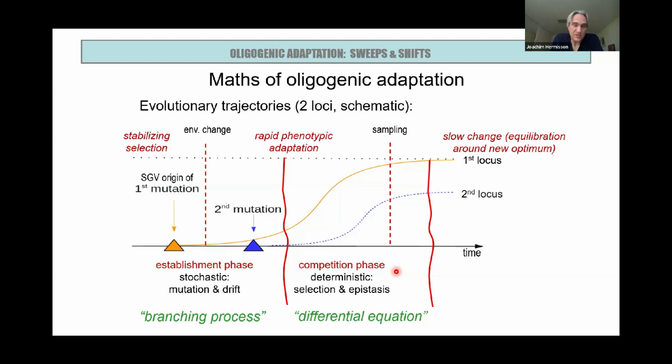And then, of course, the problem remains: how do we combine this branching process phase with this competition phase? I will talk about this also. And then at some point here, we sample, before, as I said, we progress to this slow change phase where we have equilibration around the new optimum.